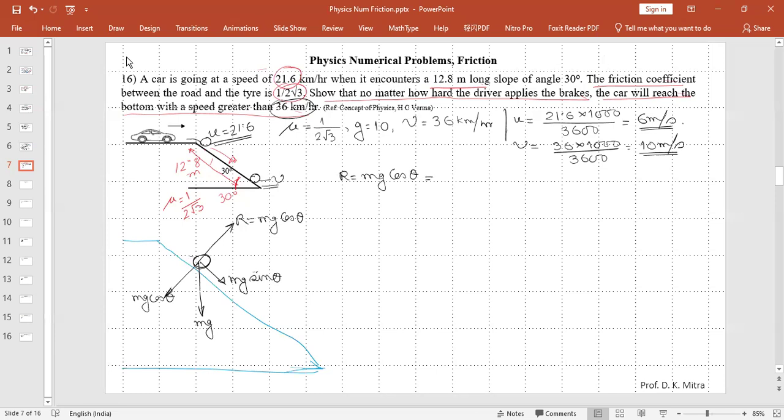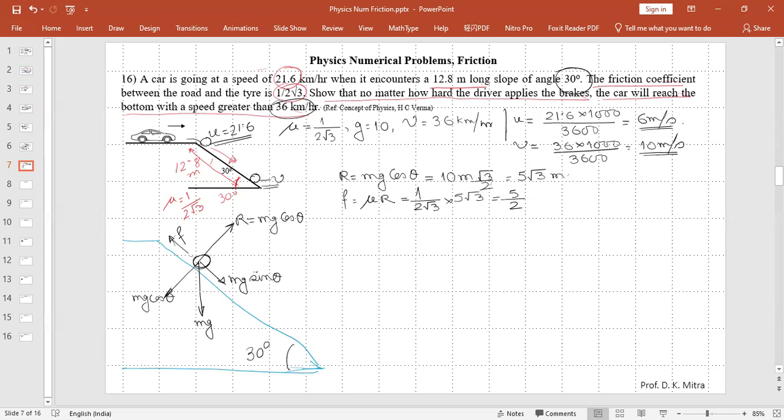G is 10, so it is 10 N, and the angle theta is 30 degrees. 10 N cos 30, which is root 3 by 2, is equal to 5 root 3 N. So R is 5 root 3 N. If R is 5 root 3 N, then the frictional force which is trying to stop the car, F, is equal to mu R. Mu is given 1 upon 2 root 3. R is 5 root 3. So F is equal to 5 by 2.